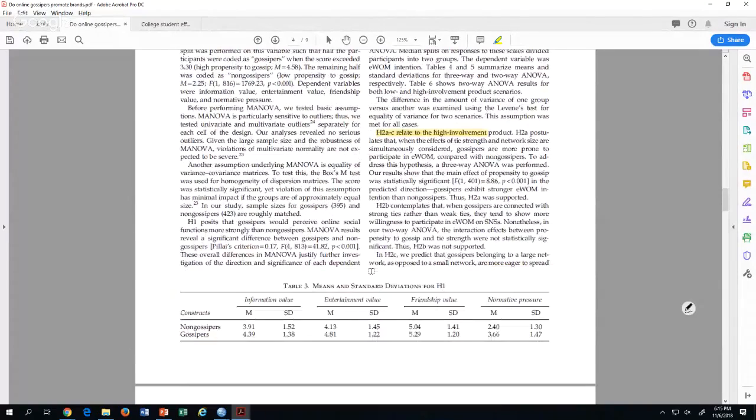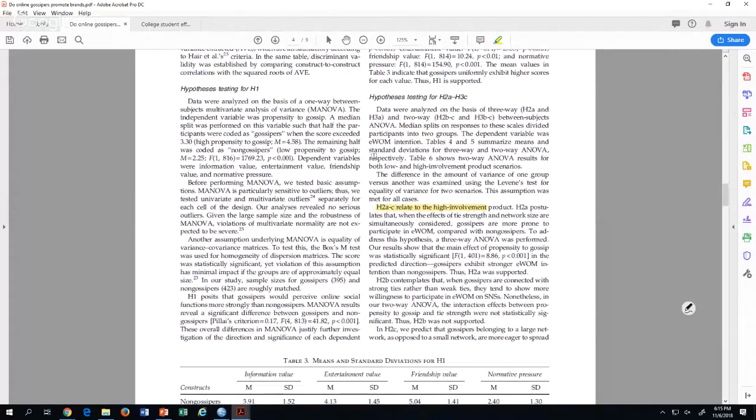Okay, so let me see. Conclusions. A 3-way and a 2-way ANOVA. Would you say that those were the appropriate analyses for those? When you have that many factors that are all independent, then yeah. Here we see that a 3-way interaction was performed, and it shows that a main effect of propensity to gossip was significant.